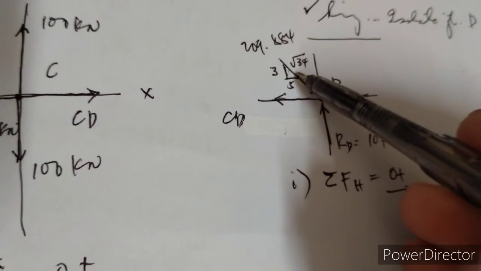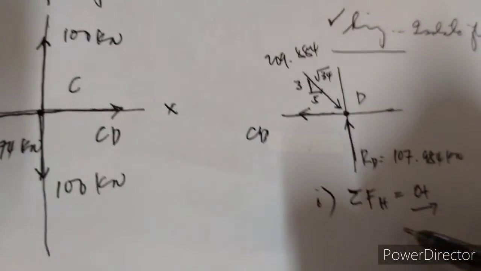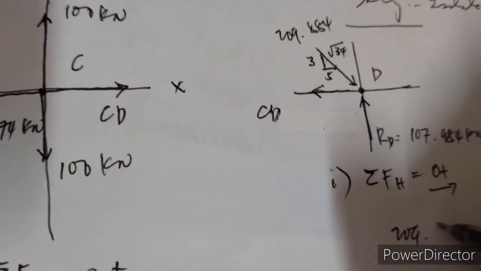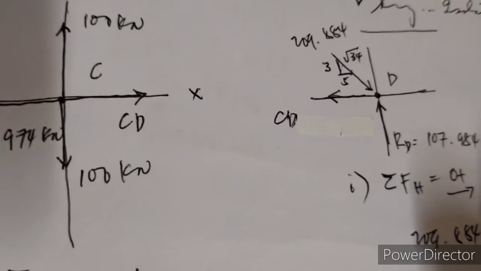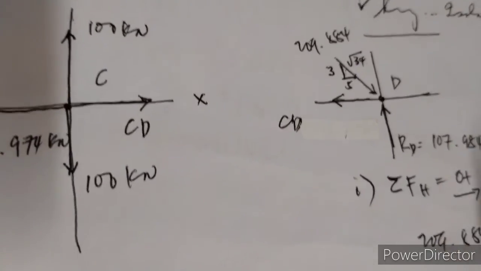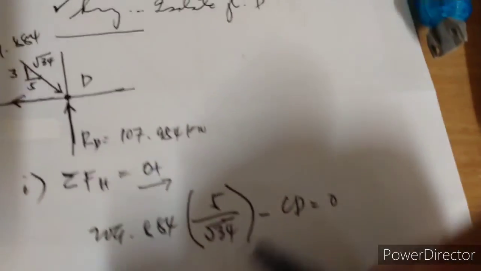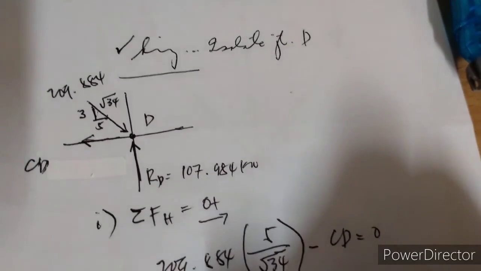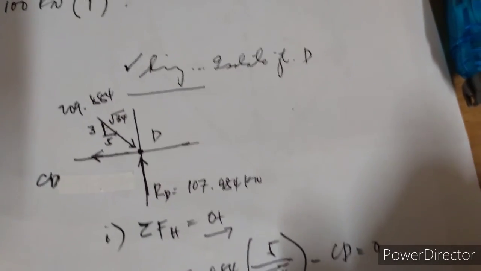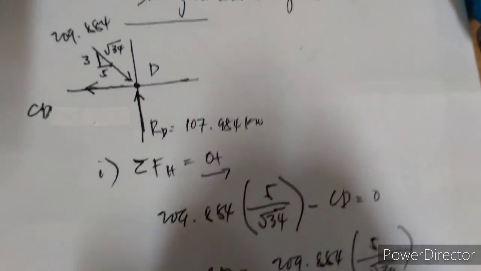So summation of forces horizontal, we have CD going to the left, so positive 209.884 times 5 over square root of 34 minus CD is equal to 0. Then CD is equal to 209.884 times 5 over square root of 34.